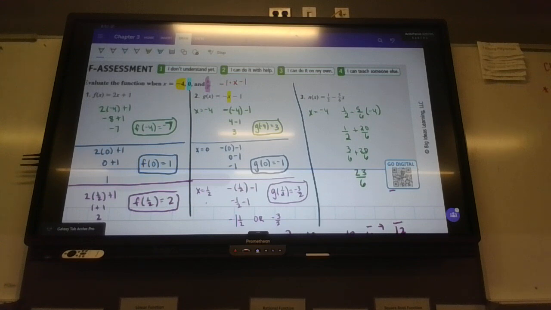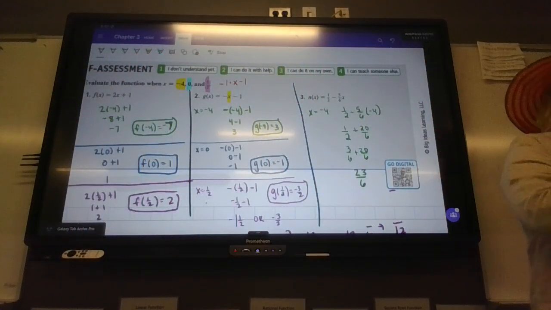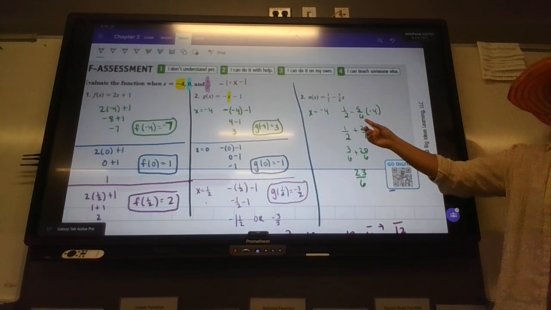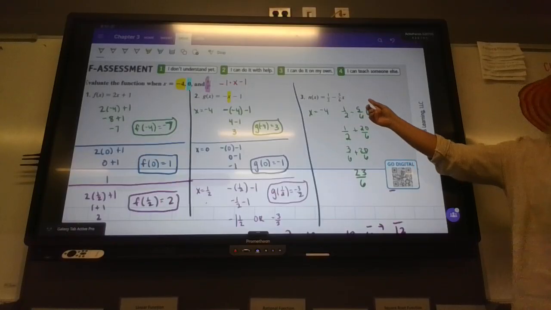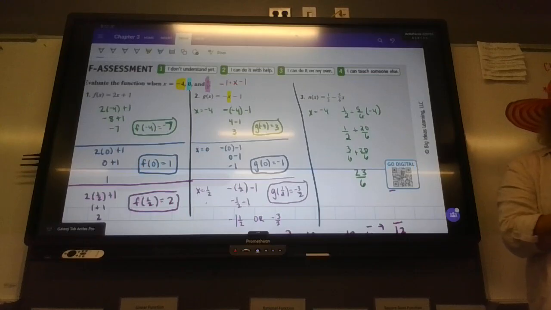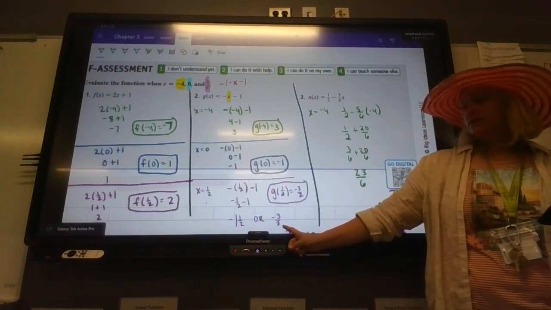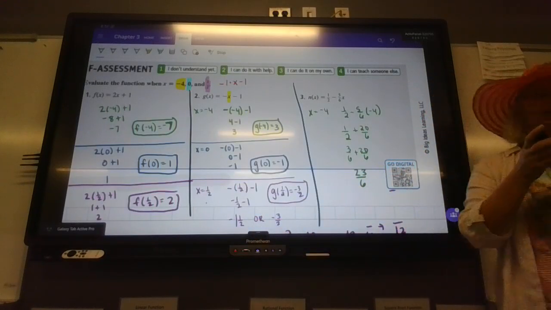I just did a lot of that work using all my fraction skills, but you guys can shortcut it. How would you shortcut it in your calculator? You'd probably do this multiplication first, -5/6 times -4. If you want to go from this to this, you hit second and then the fraction button.